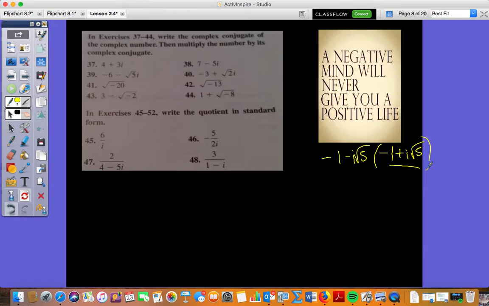So we just changed the middle sign. Someone take it over, just distribute. We'll do this quickly. Negative 1 and negative 1 make 1. Good. Are y'all with me today? I know this is a little like, oh, I know this. So stay with me. I get it. Negative 1 times i square root of 5 gets me negative i square root of 5. Good.